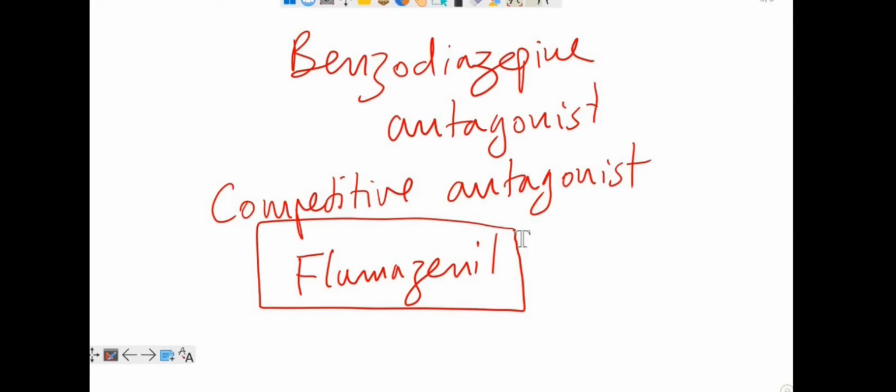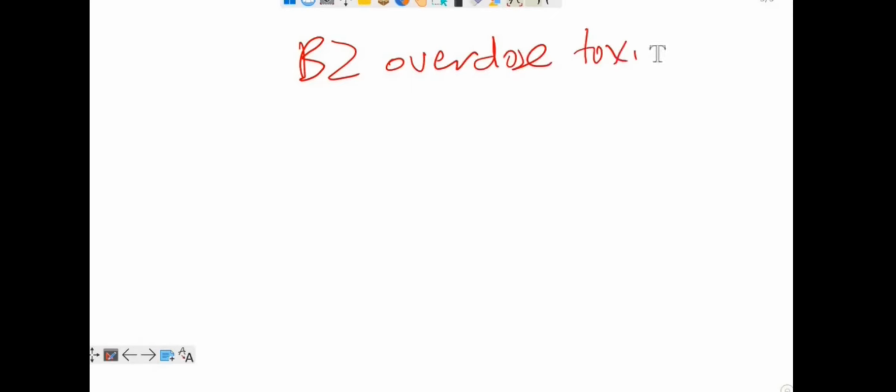What's the use of this drug? This drug is used clinically to treat benzodiazepine overdose toxicity.